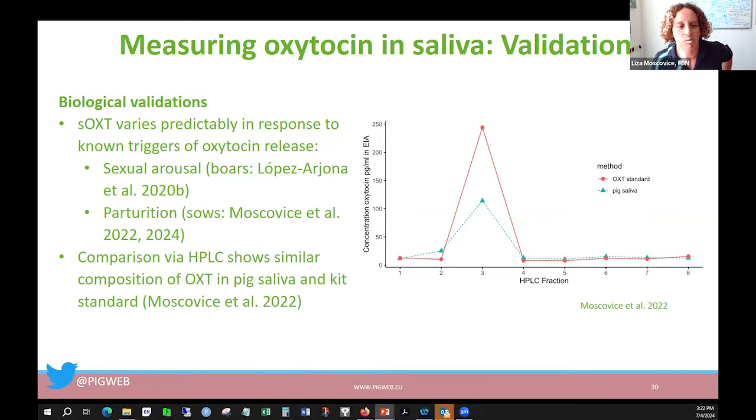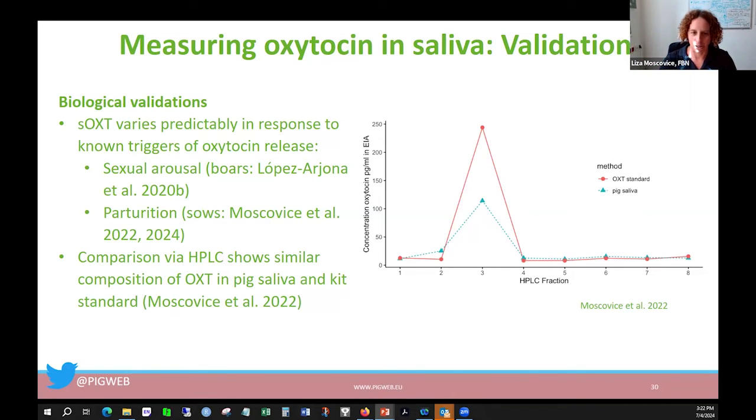But one validation that we did was we used high-performance liquid chromatography, or HPLC, which is able to detect specific compounds based on their physical properties. What we basically showed was that what we'd labeled as oxytocin in pig saliva that we'd extracted and measured looks like it has the same physical properties, that's in the blue, as the pure oxytocin standard that comes with the kit.